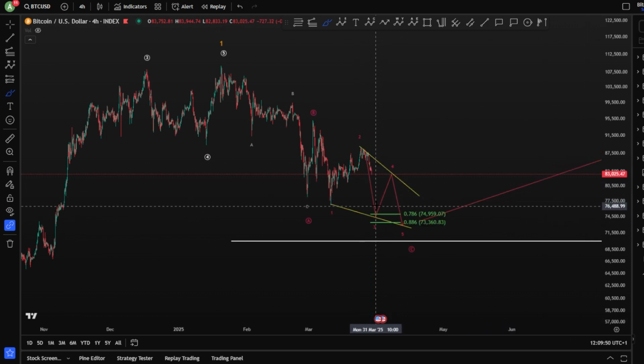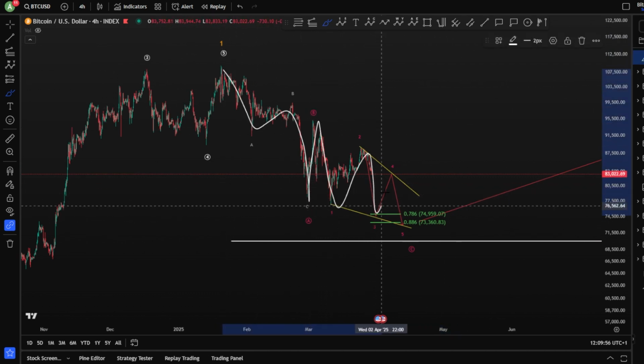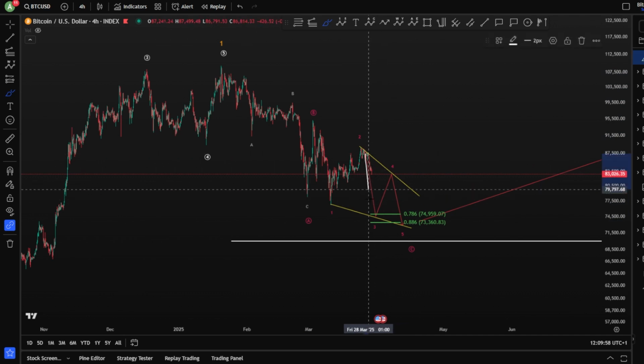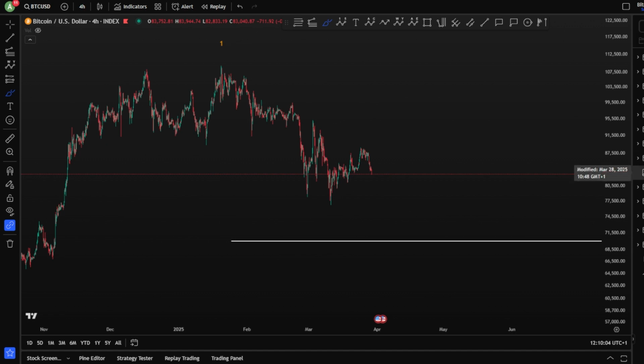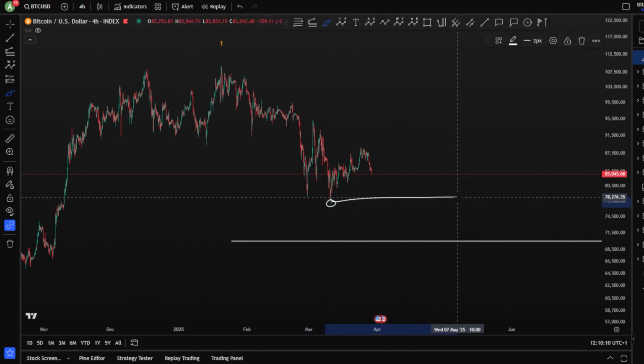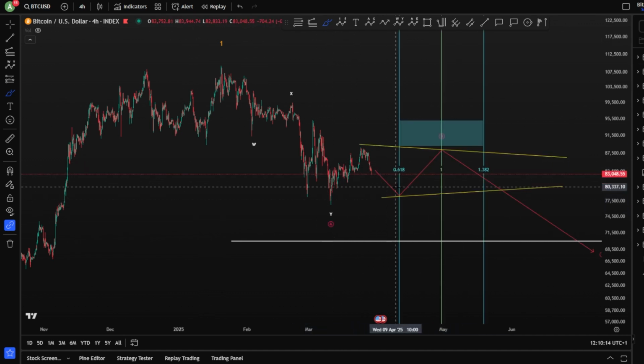The final possibility for a wave C, meaning taking the low, is having an A, B, and C as an ending diagonal. Meaning you want to take the low, of course, and move toward the downside. As you can see, guys, in all case scenarios, whether you are going to take this low or not, we are moving toward the downside.